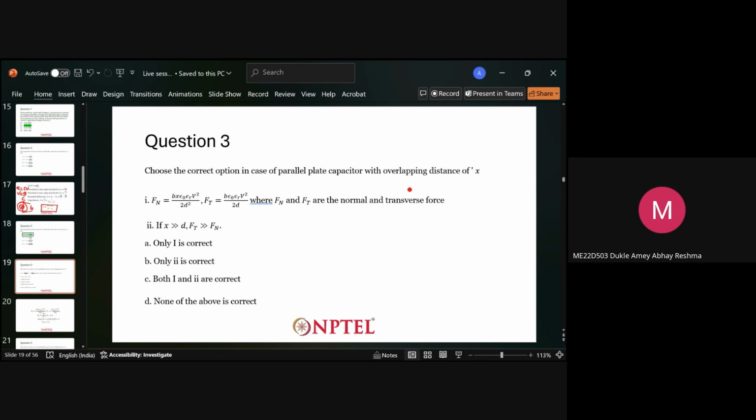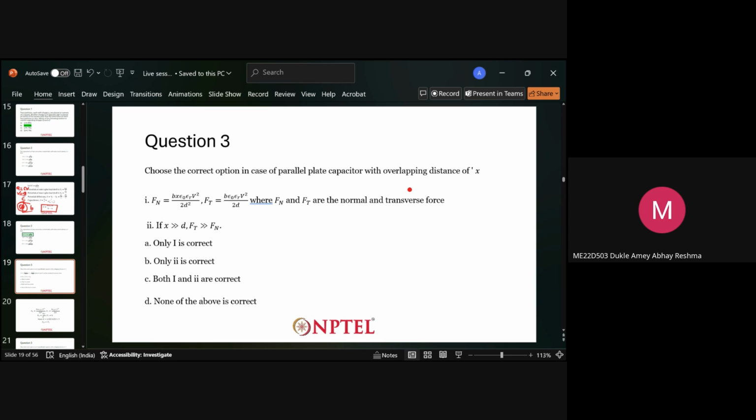Okay, so the next question is, choose the correct option in case of a parallel plate capacitor with overlapping distance of x. We have the force given: the normal force and the tangential, or transverse, force. In the second option they have given that D is the distance between the two parallel plates, and x is the overlap distance.